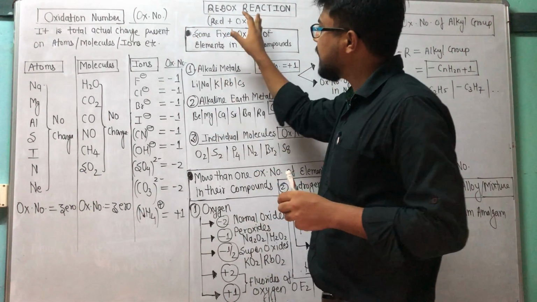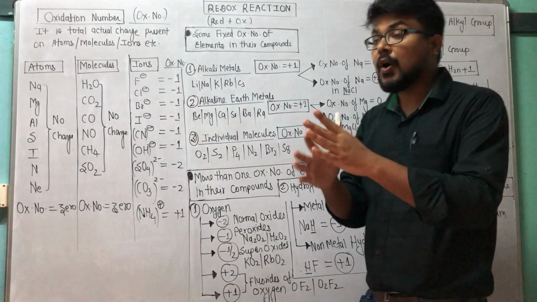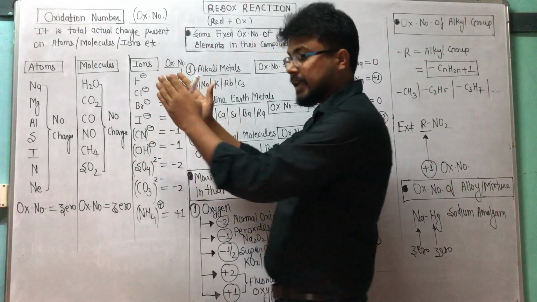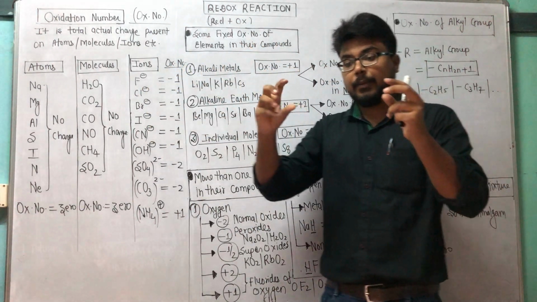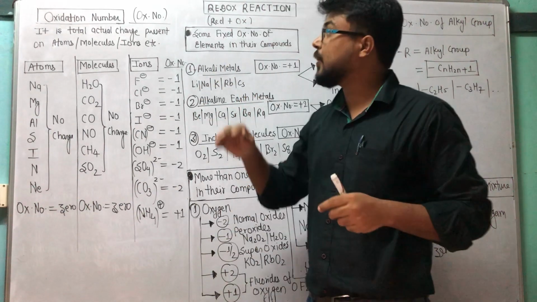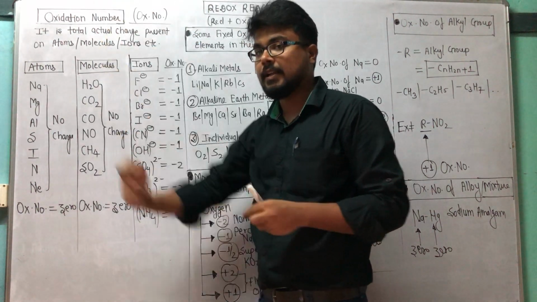So this is the second part, but the very important portion of this chapter is oxidation number, and this topic is like 80 or 90% of this chapter, because the basic concept of redox reaction is oxidation number.